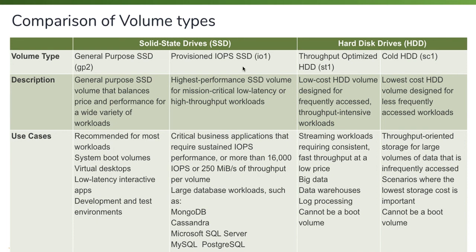There are certain comparisons which have been captured here. Please go through this offline. You would get a better idea of the differences between the SSD and HDD, and when one has to be chosen over the other.